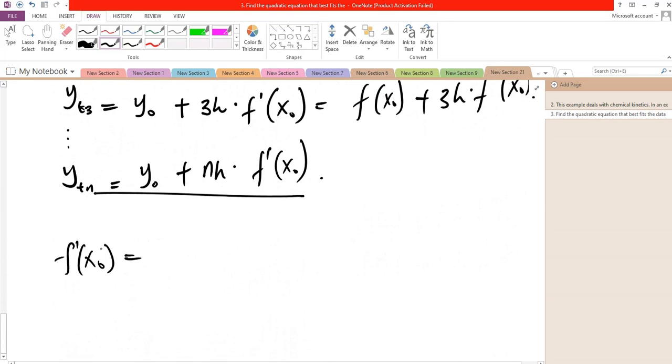Now we want to express it in this form, it will now be y0 minus y subscript minus t2 divided by x subscript 0 minus x subscript minus 2.